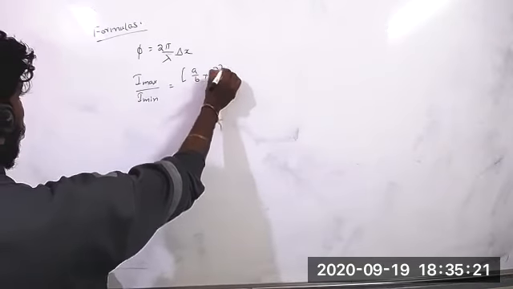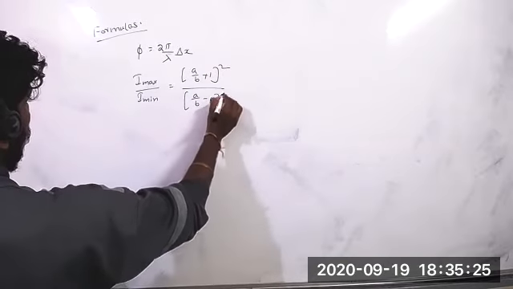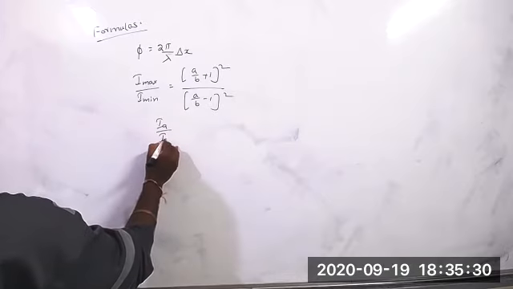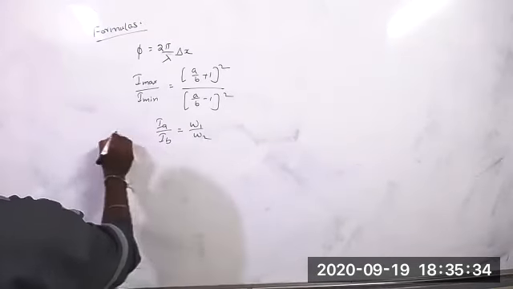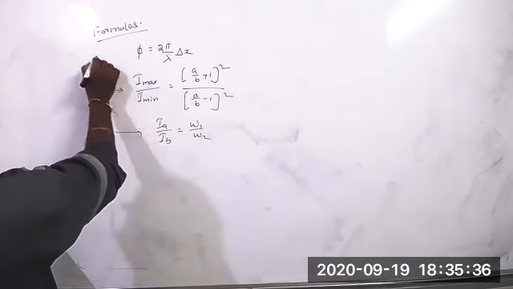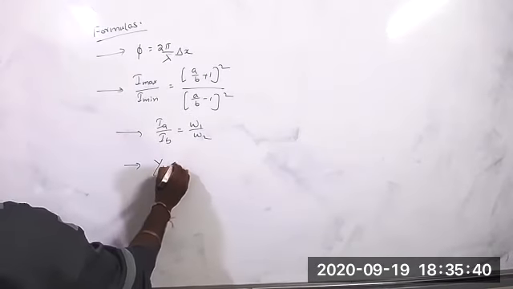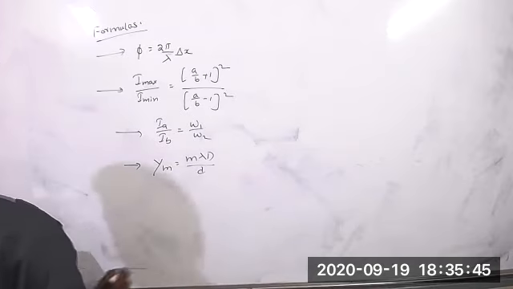We have solved model problems on this. IA by IB in terms of width, W1 by W2. Even we have solved problems on this also. Ym equal to m lambda D by small d.